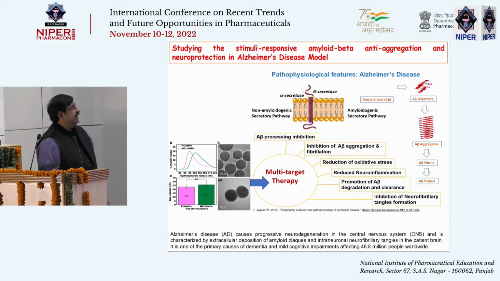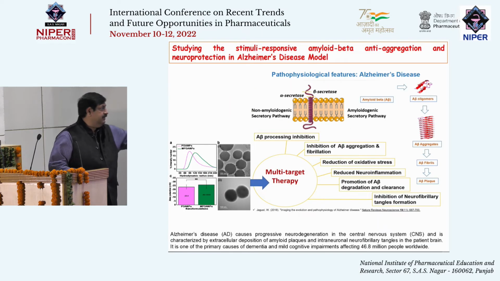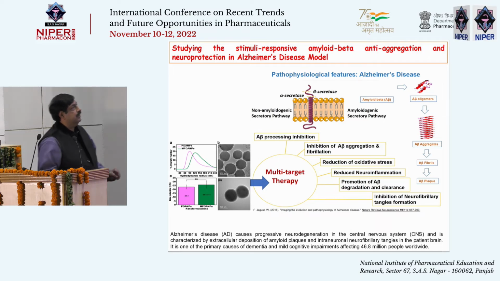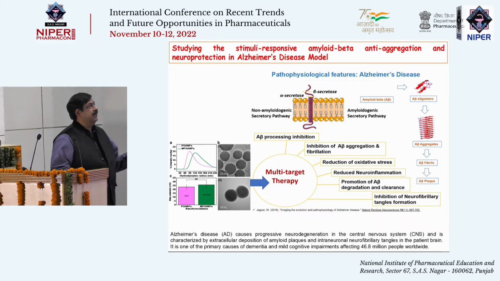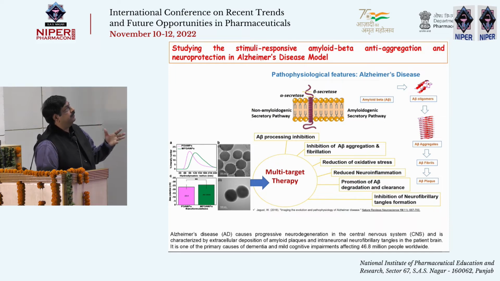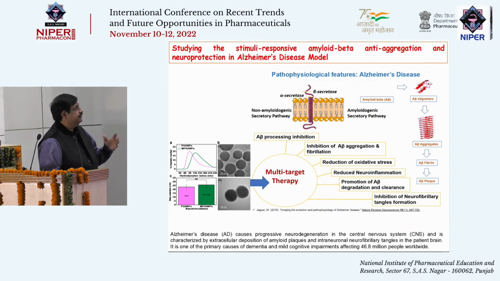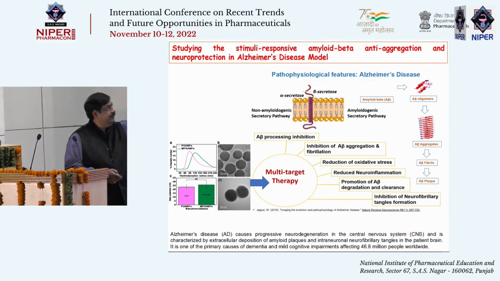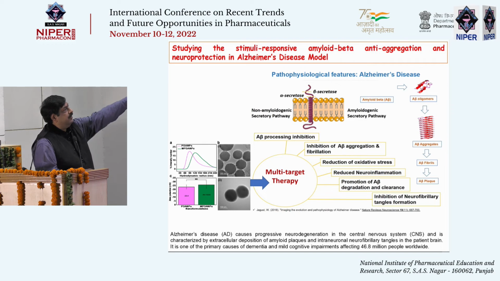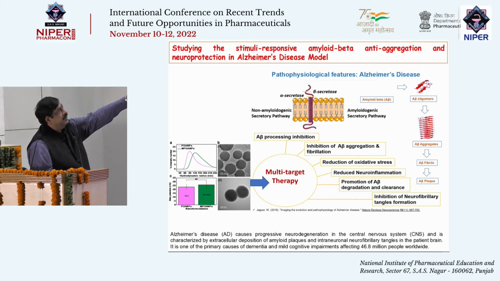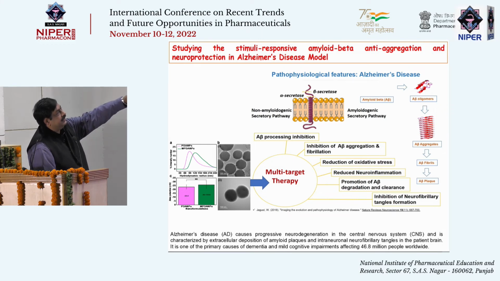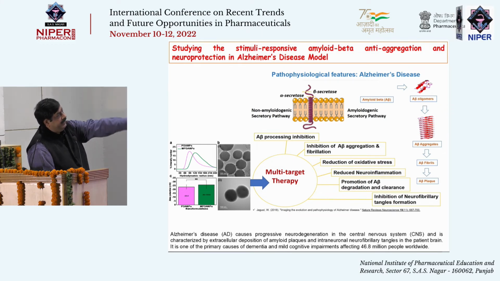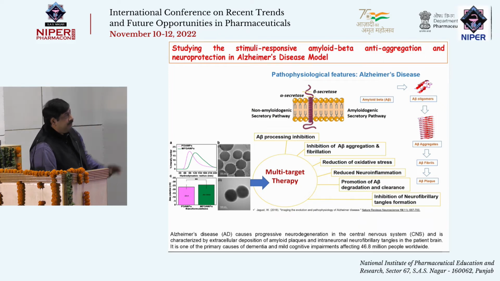Next, we have used the same nanoformulation, but differently prepared. The key goal here is to check whether it has anti-aggregation property against beta amyloid. So this is the pathway. You probably know that when the amyloid precursor protein produces this short amyloid beta peptide, it forms oligomers, and then they get aggregated, causing dementia and the amyloid plaque in the cells.